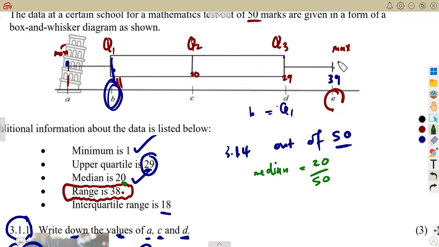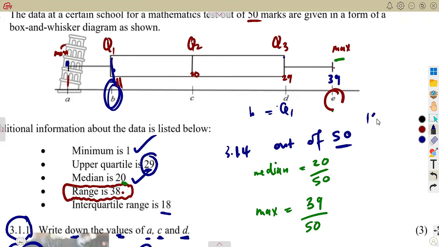Let's go to the maximum value. The maximum value obtained is 39 out of 50. If you were to express 39 out of 50 as a percentage, that is something like 78%.